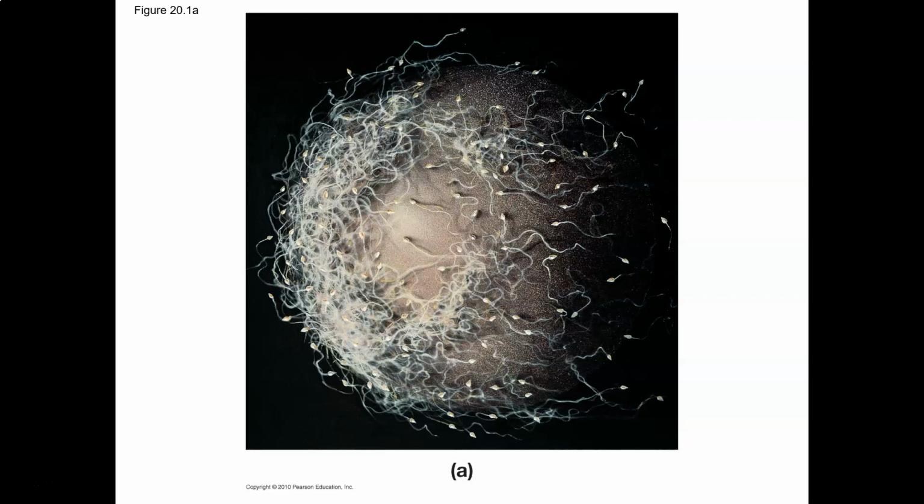So which one of all these sperm is going to actually fertilize the egg is random. So again, this increases the genetic variability. They call it random fertilization.